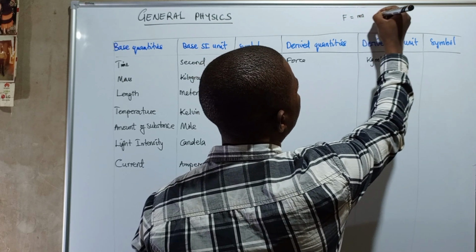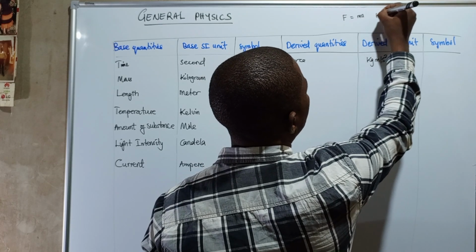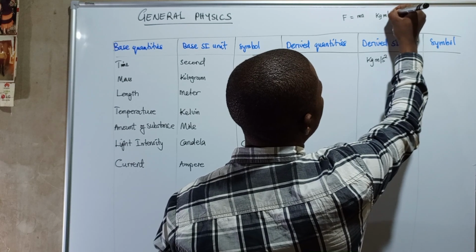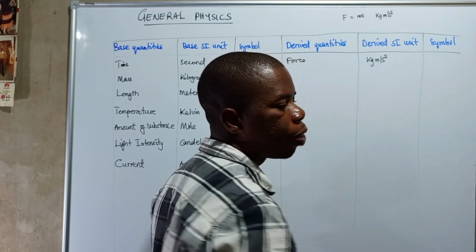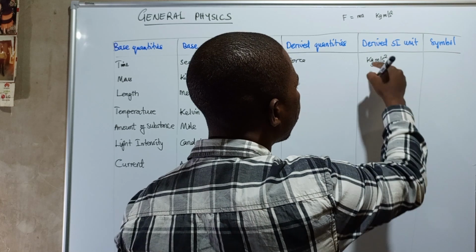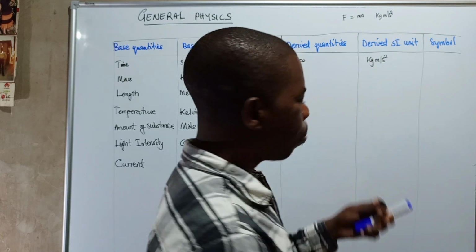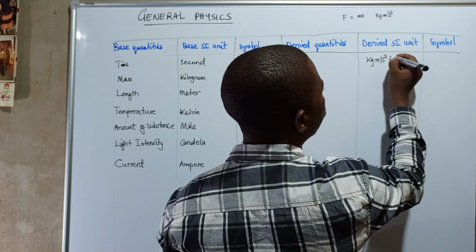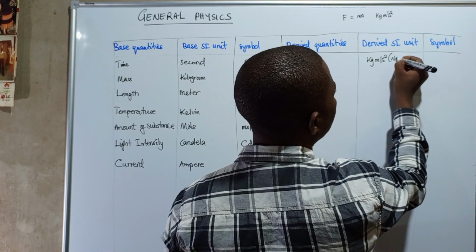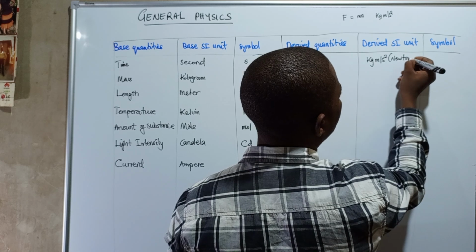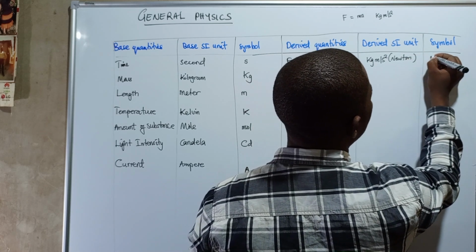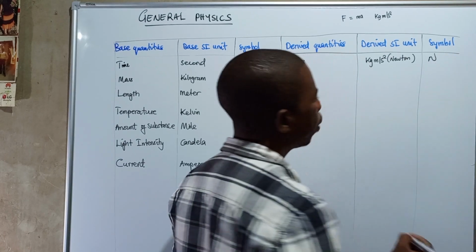So the unit for mass is kg and the unit for acceleration is meter per second square. This is where I derived this one. We call this a Newton, and a Newton is given by capital N.